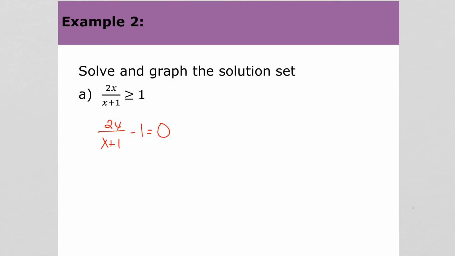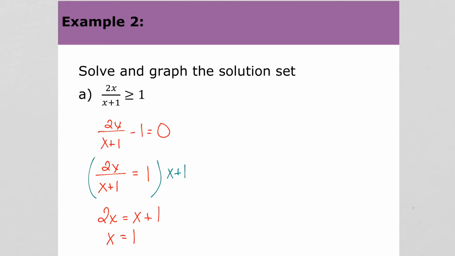And then we're actually going to go back and get that 1 over so we can start solving for x. Multiply both sides by x plus 1. So we have 2x equals x plus 1. And then subtract x from both sides so that x equals 1.